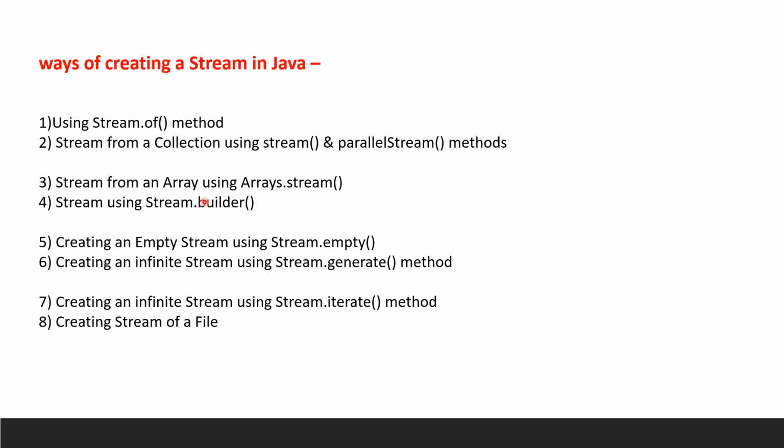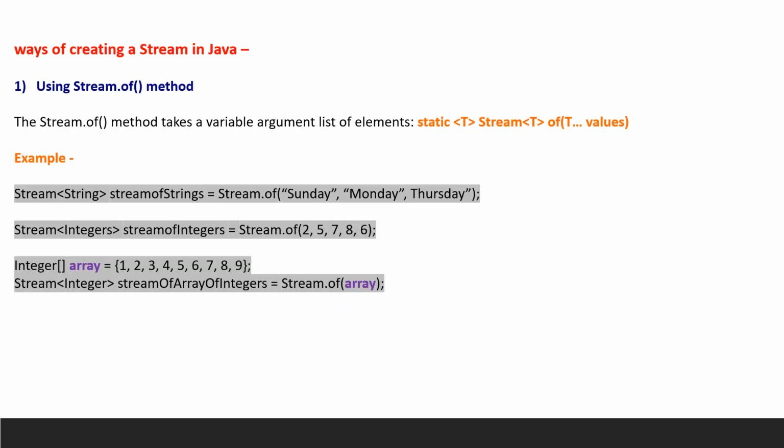There are a few methods here: using the Stream.of method, stream from a collection using stream and parallelStream methods, stream from an array using Arrays.stream, a stream using Stream.builder, creating an empty stream using Stream.empty, creating an infinite stream using the Stream.generate method, creating an infinite stream using the Stream.iterate method, creating a stream of a file. These are the ways of creating a stream in Java. So let's see one by one with examples.